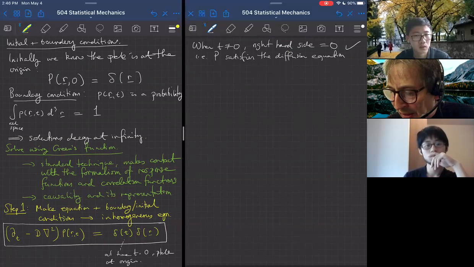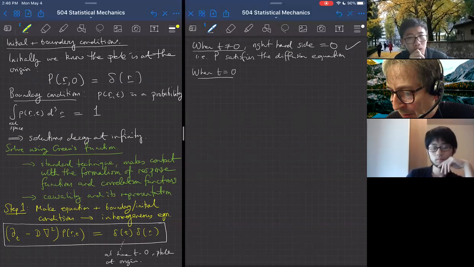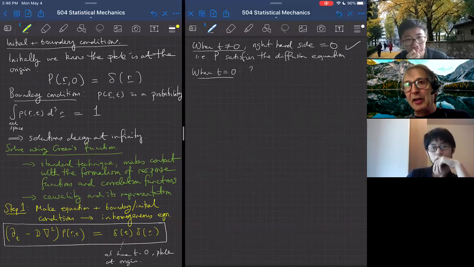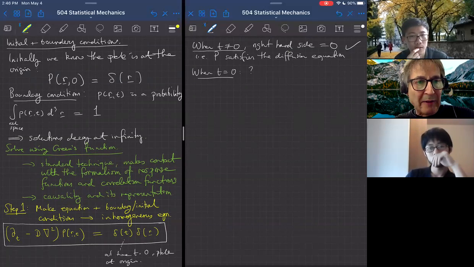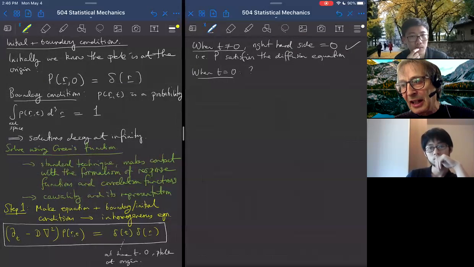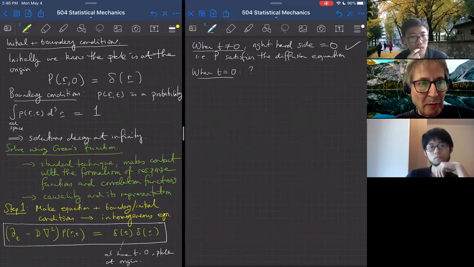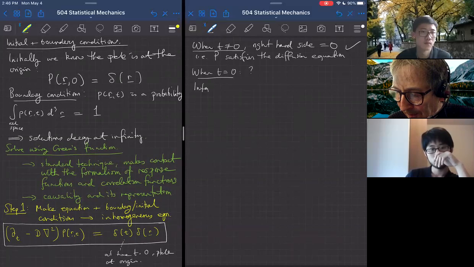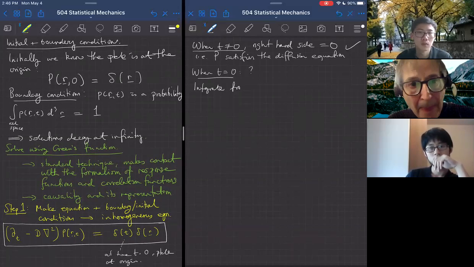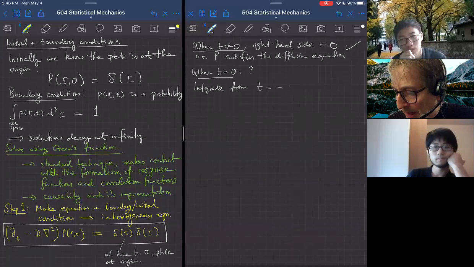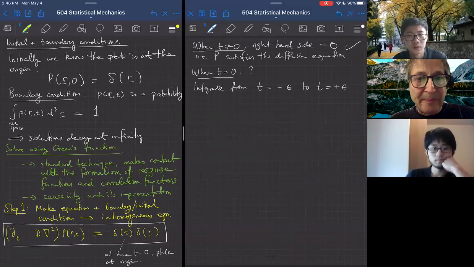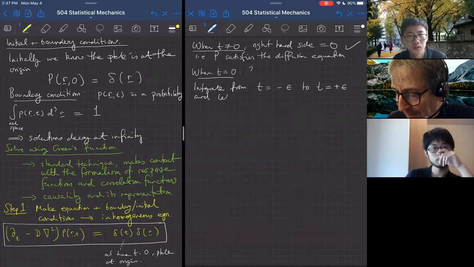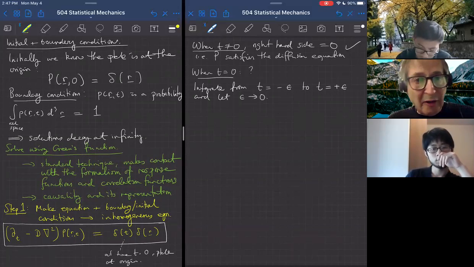And what about when t is equal to 0? Well, then we have to be a bit more careful, because we know that we can't define a delta function at t equals 0. Delta functions are only defined in a measure theoretic sense. So what we do is we integrate from t is equal to minus epsilon to t is equal to plus epsilon, and then let epsilon go to 0.